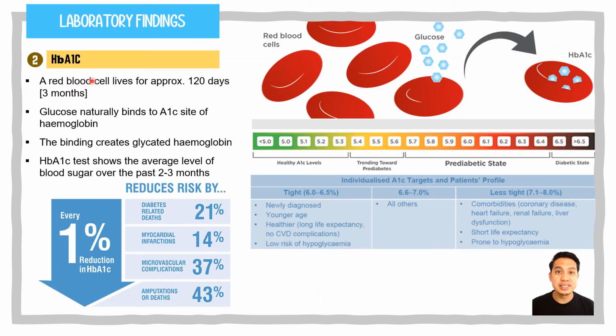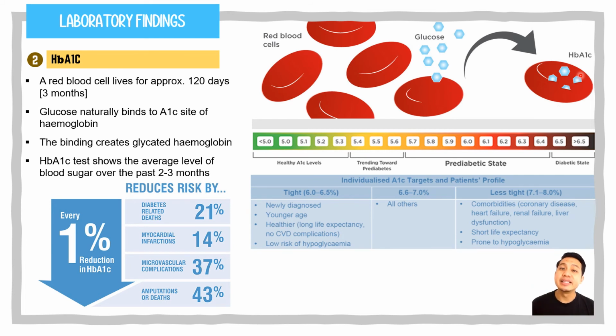Hemoglobin A1c, often abbreviated as HbA1c, is a form of hemoglobin, a blood pigment that carries oxygen, that is bound to glucose. HbA1c, also known as glycosylated or glycated hemoglobin, stays in our body for up to 3 months.